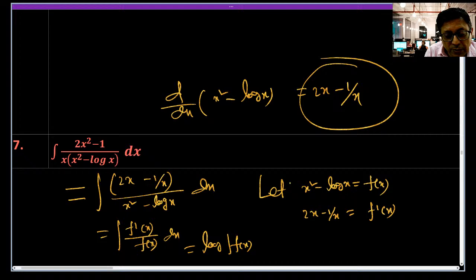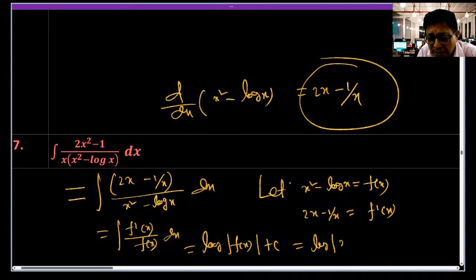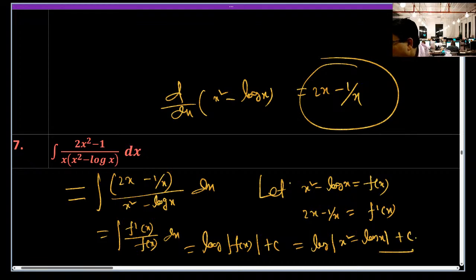Log of mod of f(x) plus c. So this is log of mod of x square minus log x plus c. Clear? Hope you have understood. Okay. Try the next one.